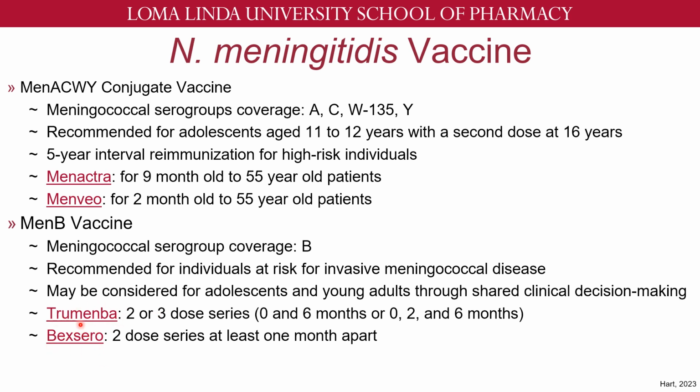Trumenba is easier to remember, the MEN again, and then B, so MenB vaccine. Bexsero, I guess the best way to memorize this one is serogroup B, right? So it covers serogroup B of meningitis. Trumenba is a 2 or 3 dose series given at 0, 6, or 0, 2, and 6 months. And Bexsero is a 2 dose series, at least 1 month apart.